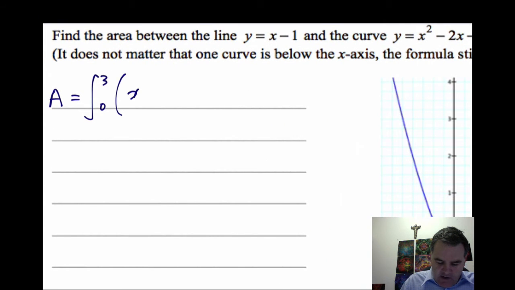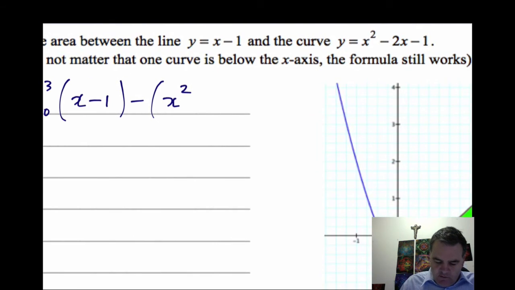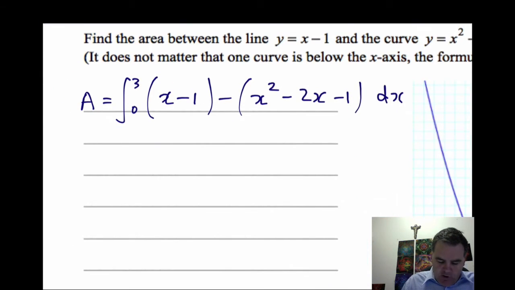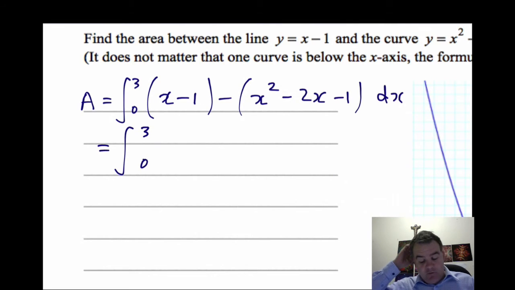So we'd say x minus 1 minus x squared minus 2x minus 1. Okay, so the top one minus the bottom one. So we can do some algebraic simplifying here.